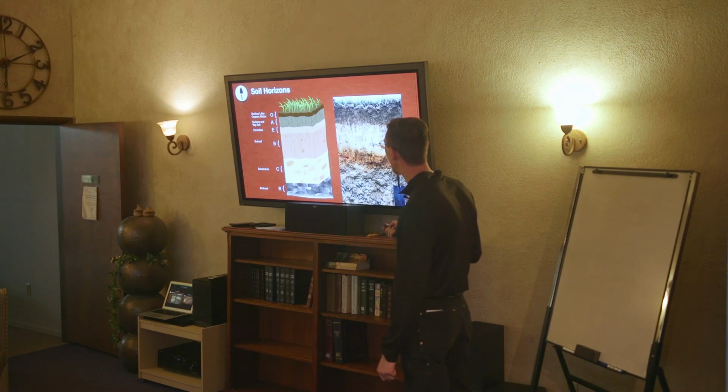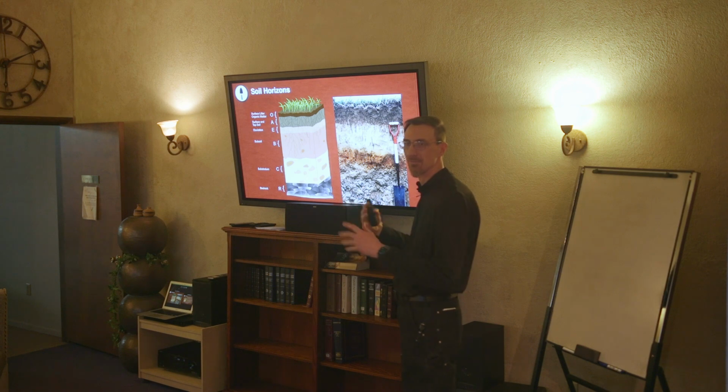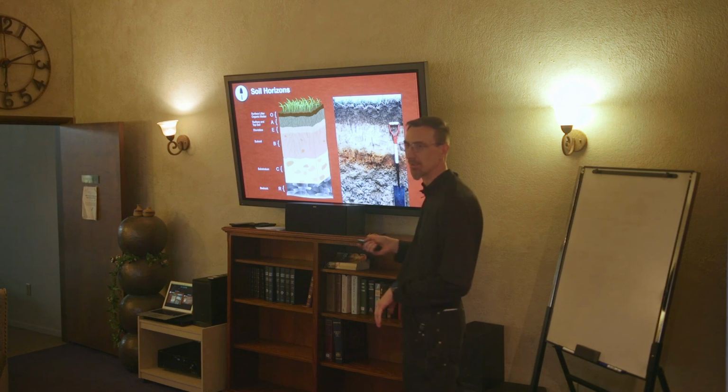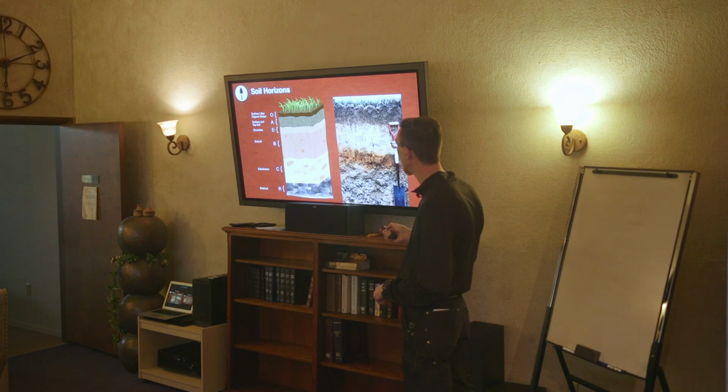Eluviation, yeah. So that layer is basically topsoil that has all the nutrients and the minerals washed out of it into the next layer. And so it's kind of a dead layer. So sometimes you get that, but most of the time we don't experience that. But if you ever see the E horizon, that's what that is. All the nutrients leached out of that layer.